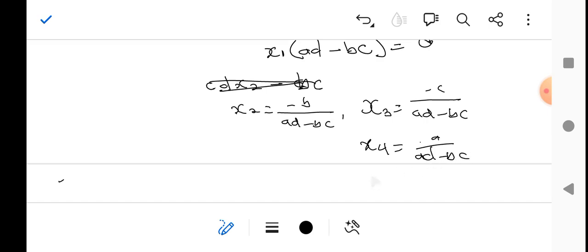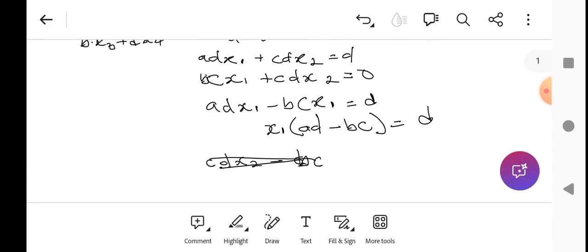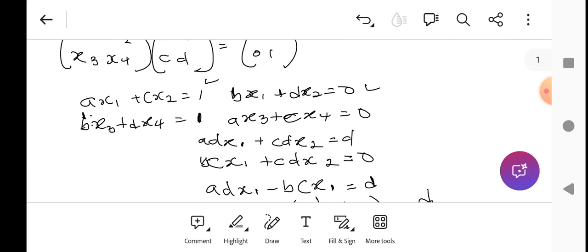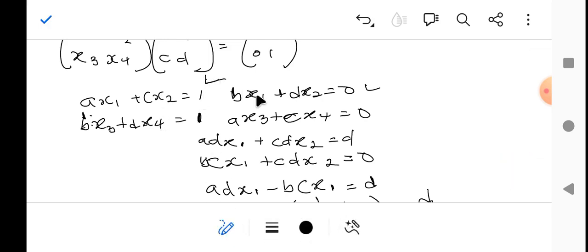You can always pause the video to see how we got all the elements, but it's very straightforward considering these particular equations over here, right? Considering all these equations, this equation, this equation, this equation, and this equation, I can take these two equations together.